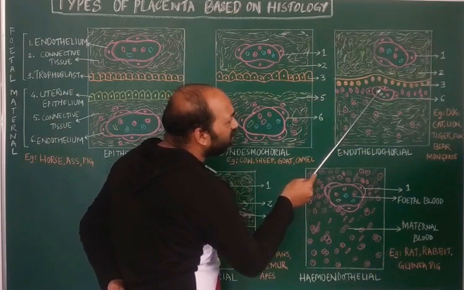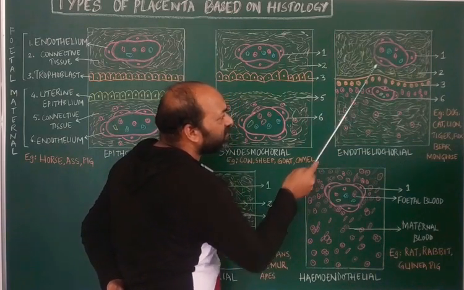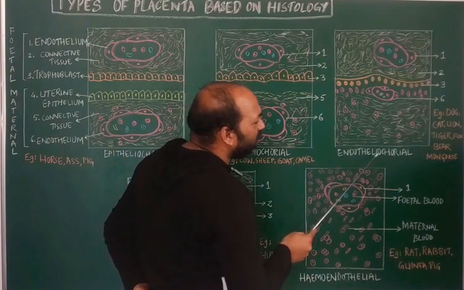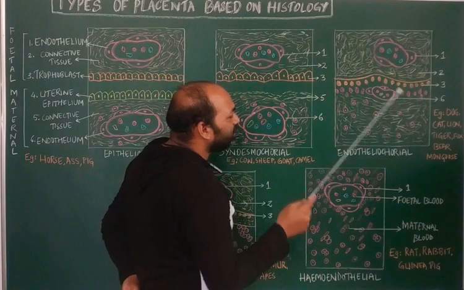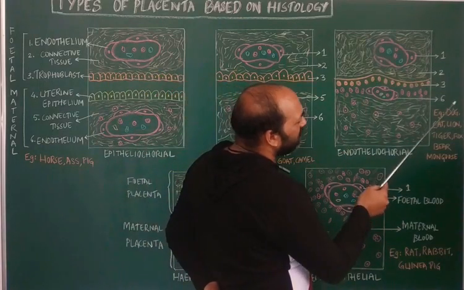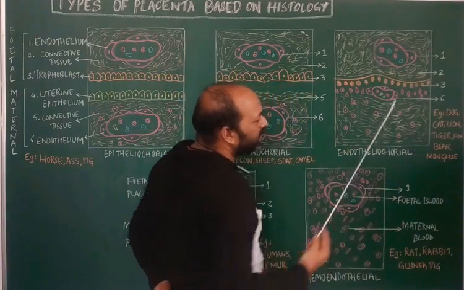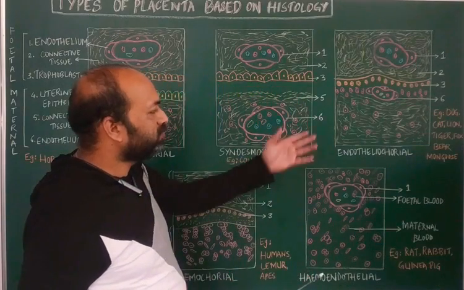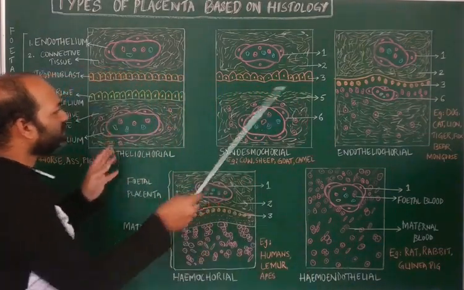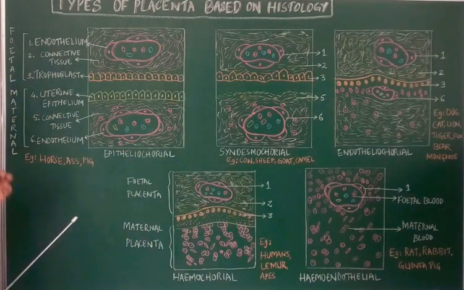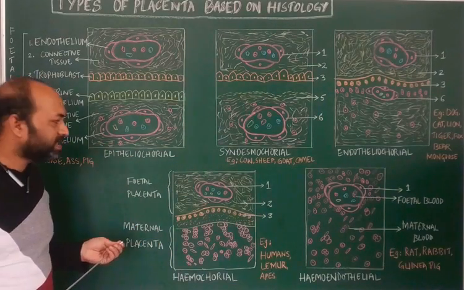So the diffusion of substances occurs much faster in Endothelial Chorial placenta. This type of placenta is seen in dog, cat, lion, tiger, fox, bear, mongoose and others. So that is about Endothelial Chorial placenta.